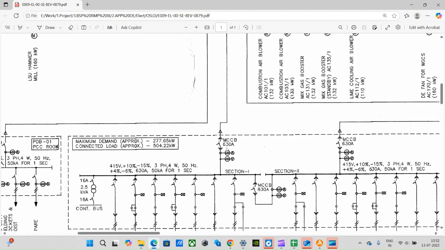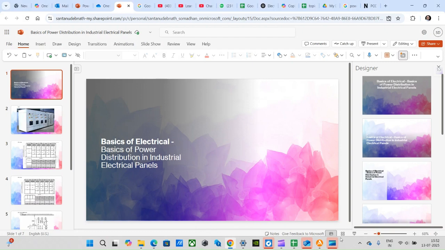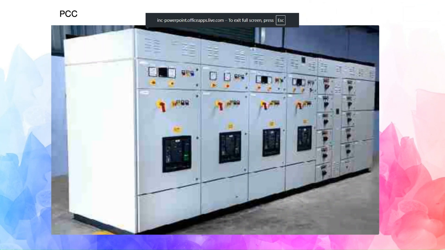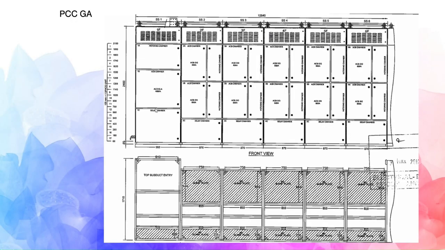Now, let me show you what a PCC and its SLD look like. For that, let me go here. Okay, so that's how a PCC looks. All the components that we have seen in the overall SLD, that I was describing until now, are here.